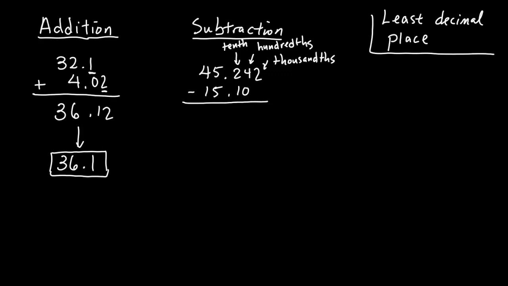If you take a look at these two numbers, the second number has the least decimal places. It's only to the hundredths place, while the first number is to the thousandths place. So when I subtract these two, I'm going to get 30.142, and I'm going to round it to where that number's decimal places end, which is the hundredths place. So this answer right here will be 30.14.